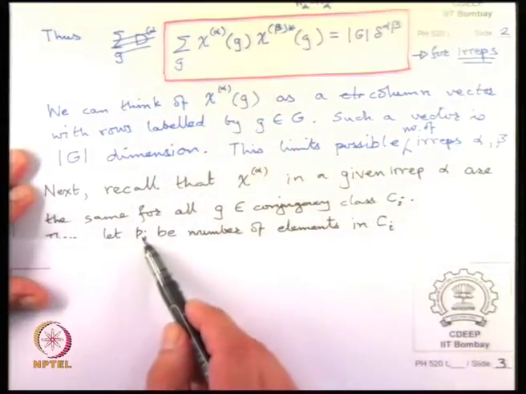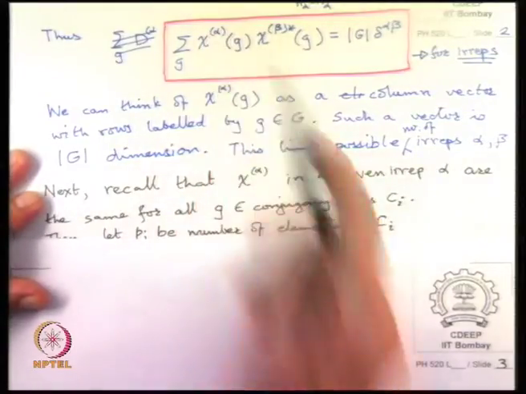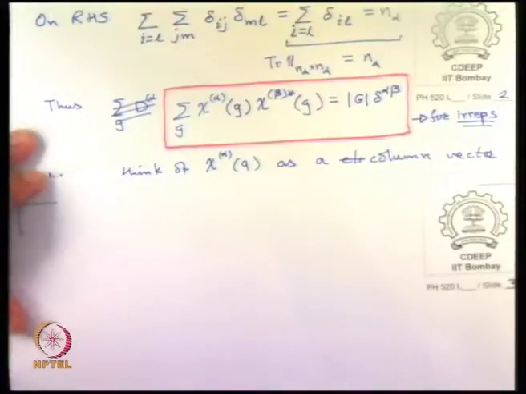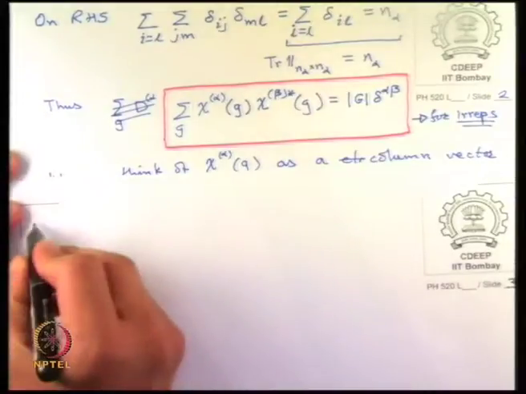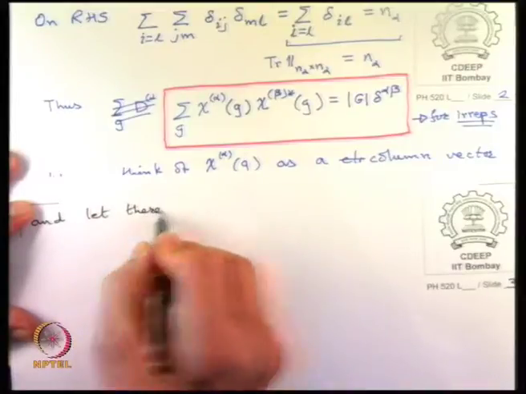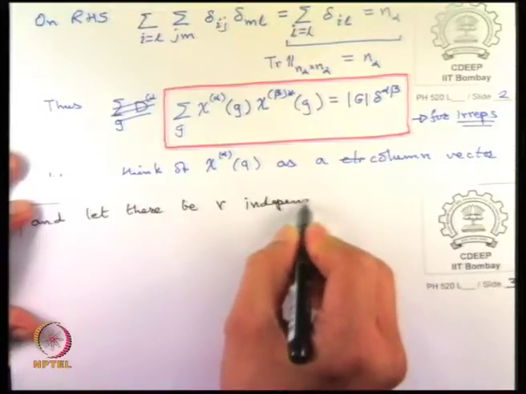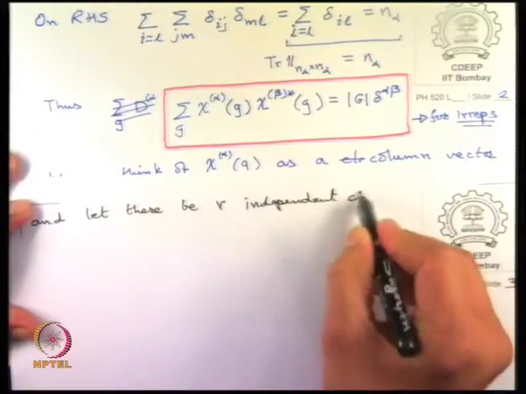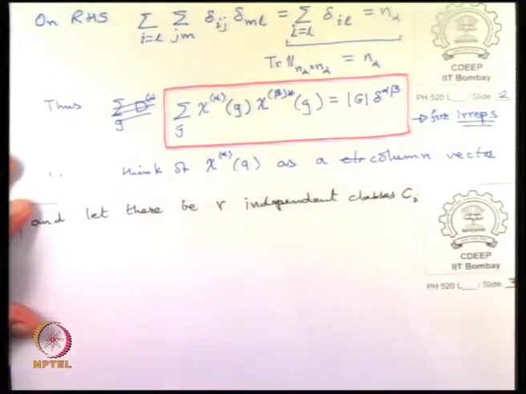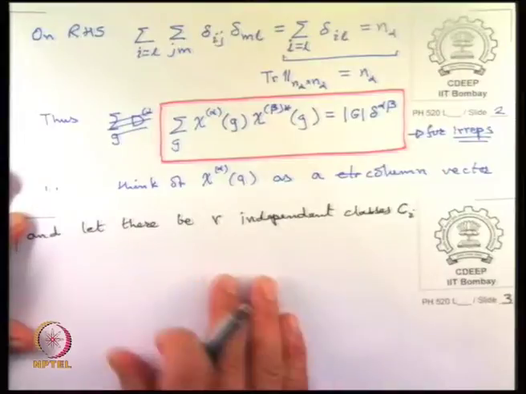So if there are Pi elements in that class, all we need to do is put Pi as the weightage factor. So this relation becomes a sum over R independent classes. They are of course independent, because the classes are found by an equivalence relation. An equivalence relation produces disjoint subsets.